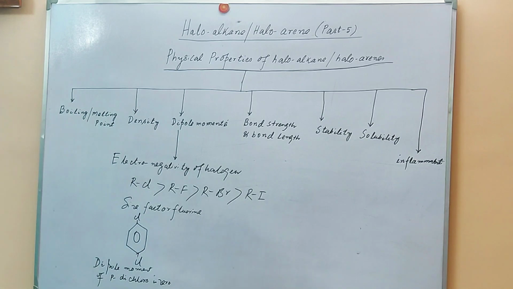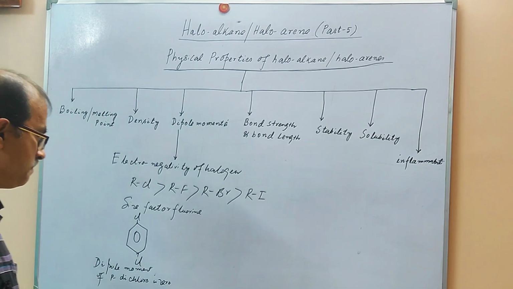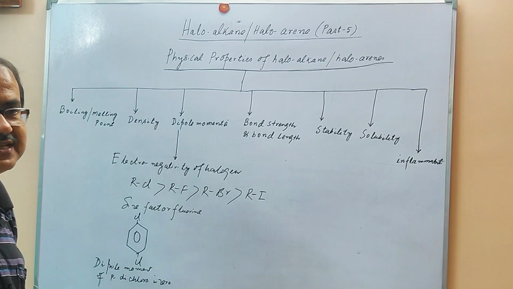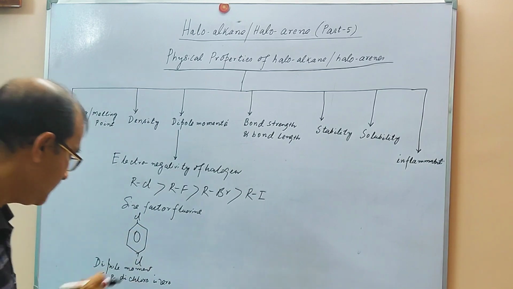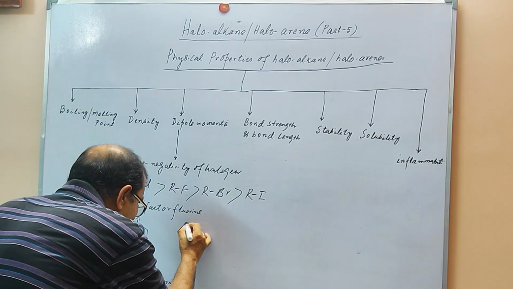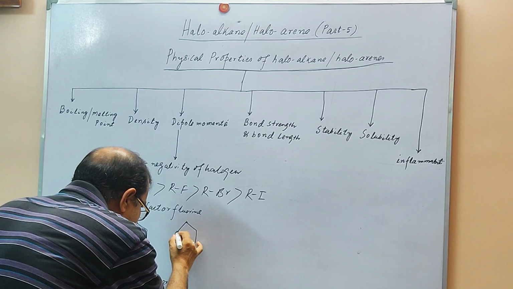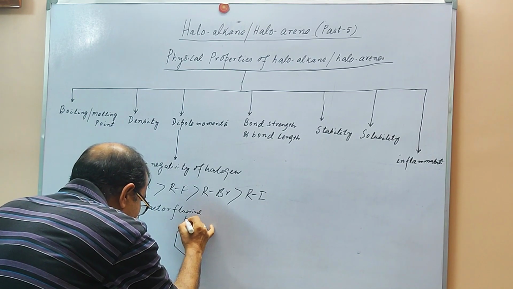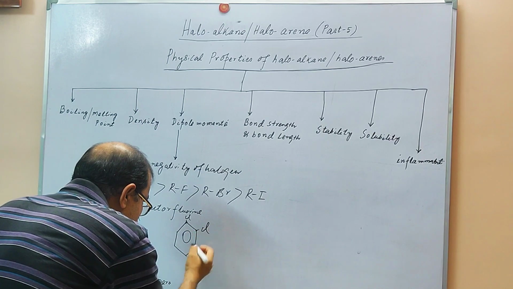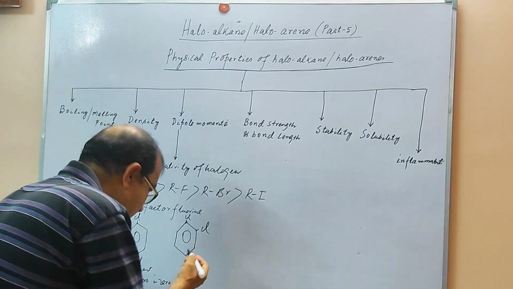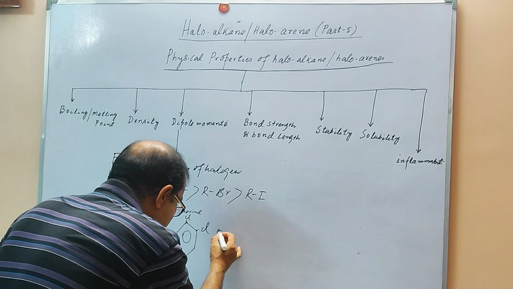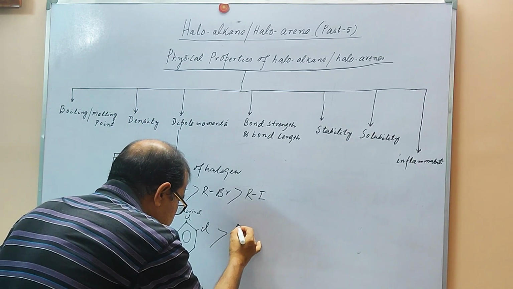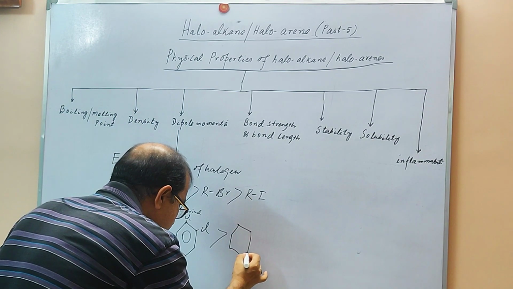But meta and ortho have dipole moments, and this dipole moment depends on the angle between the two chlorine atoms. The ortho will have a higher dipole moment than the meta.